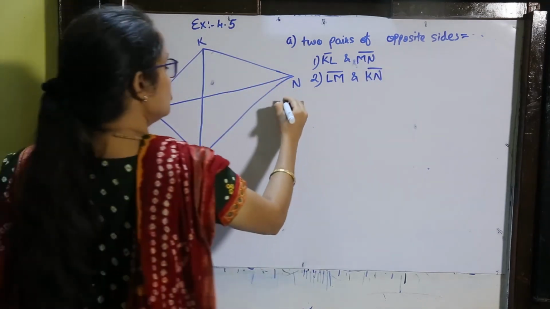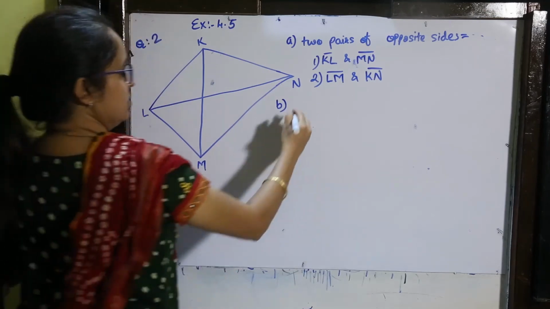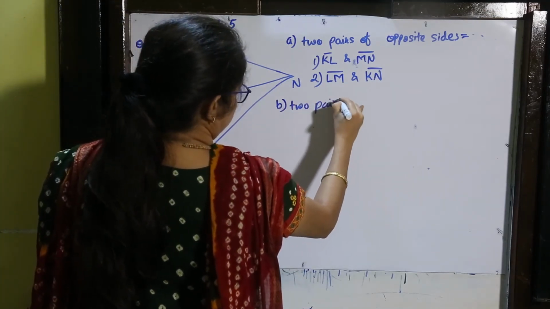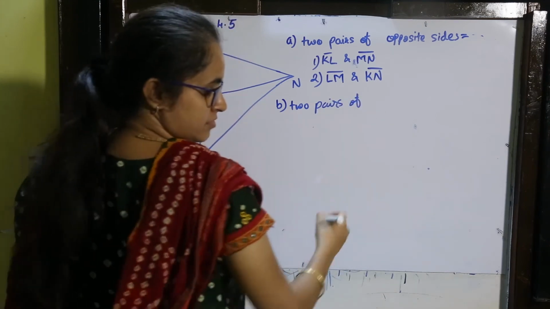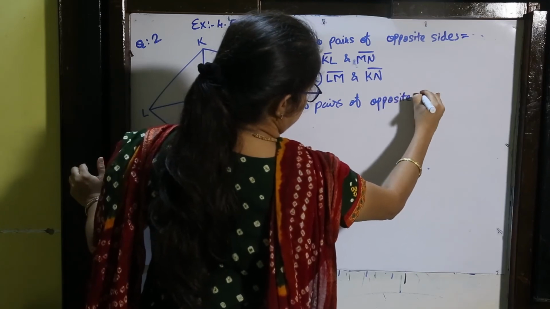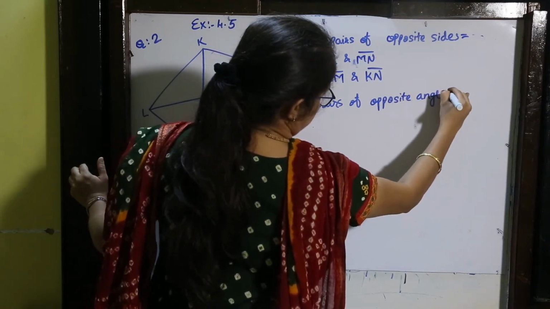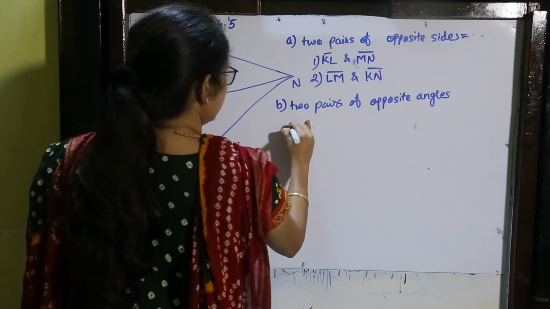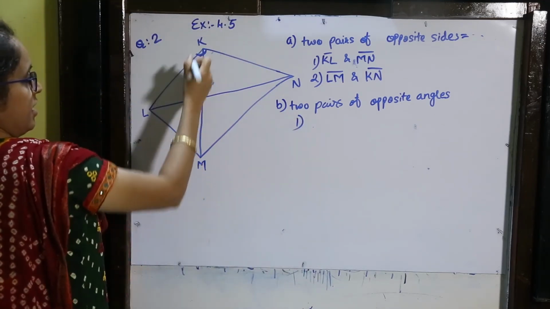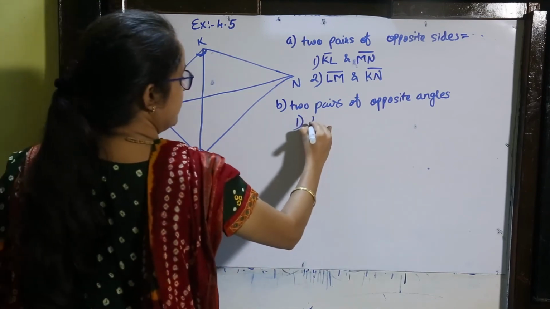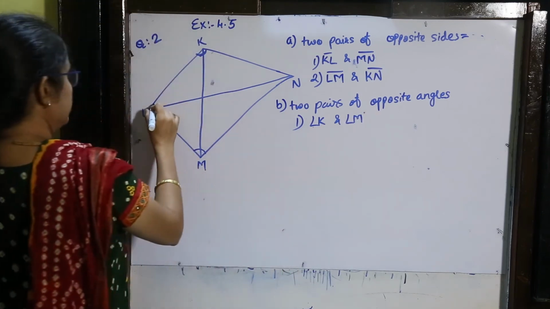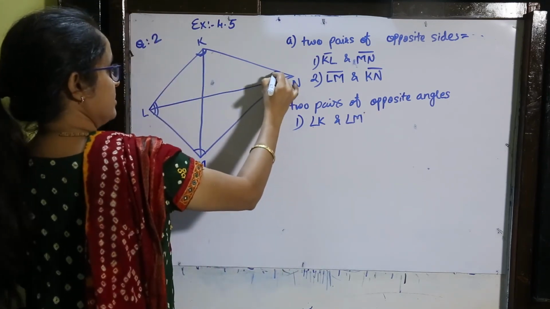Now we have to write two pairs of opposite angles. Here the first pair is angle K and angle M. Next is this and this.